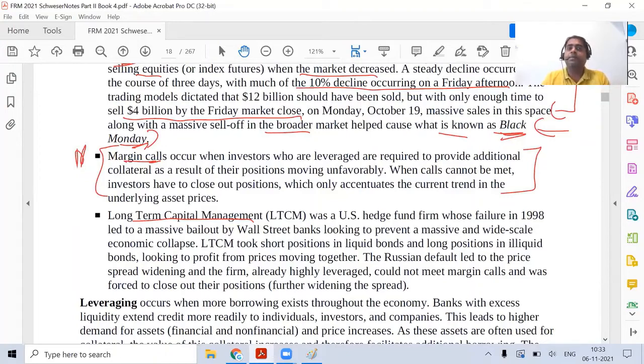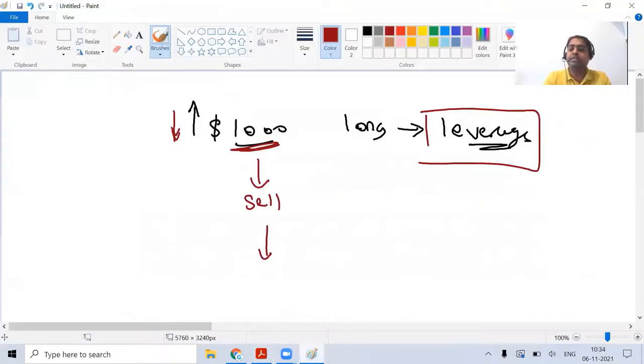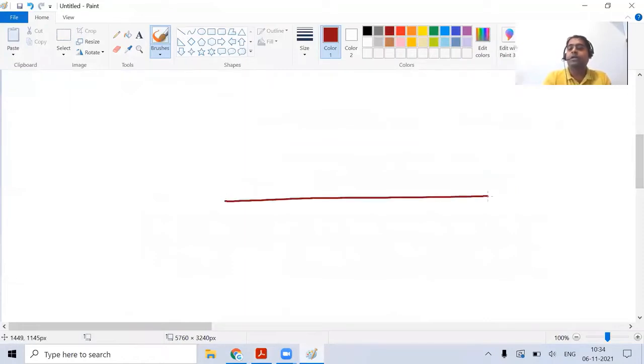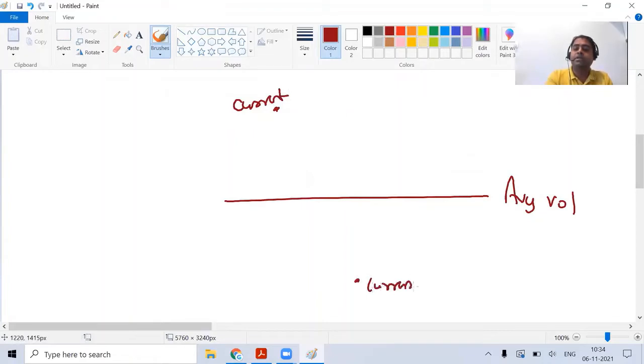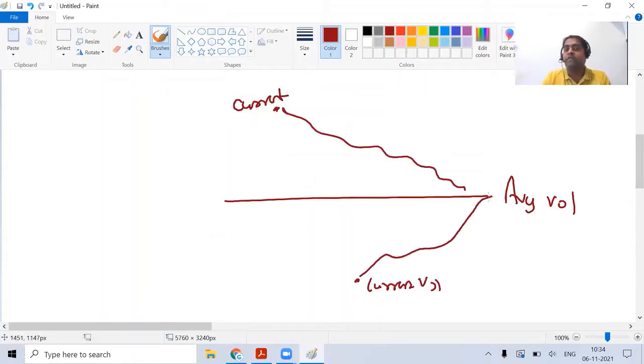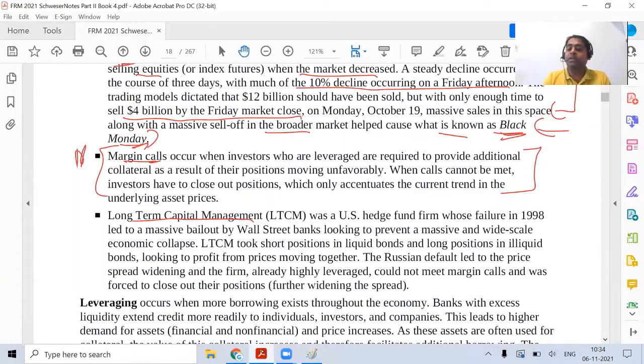For example, they realized that in certain markets the historical average volatility is this, while the current volatility is very high in some markets and very low in others. They realized that this is going to converge to the average over a period of time, so they took positions accordingly.